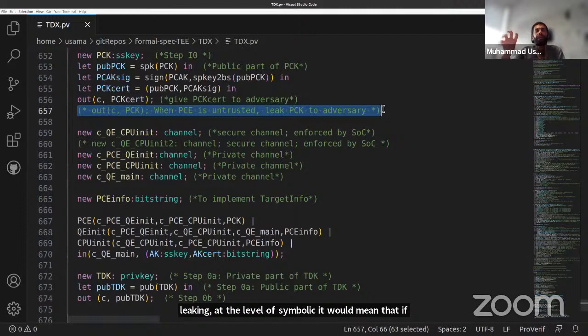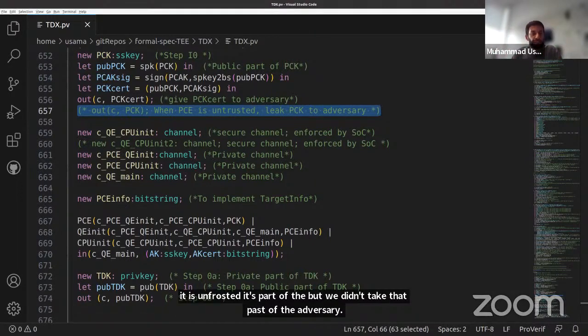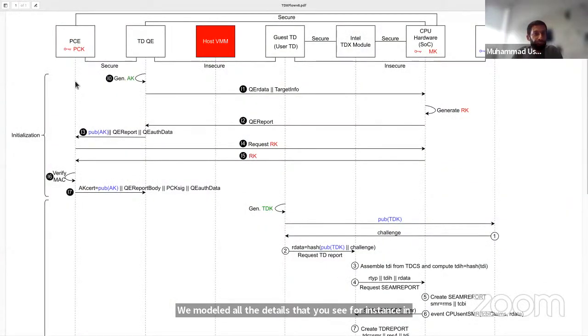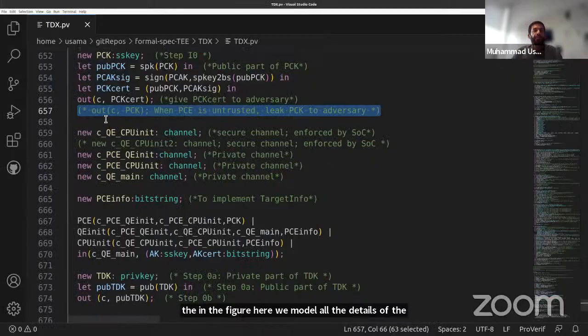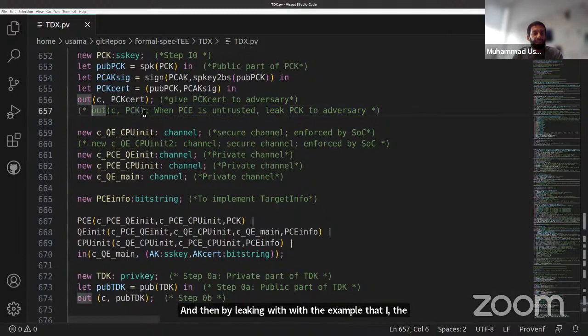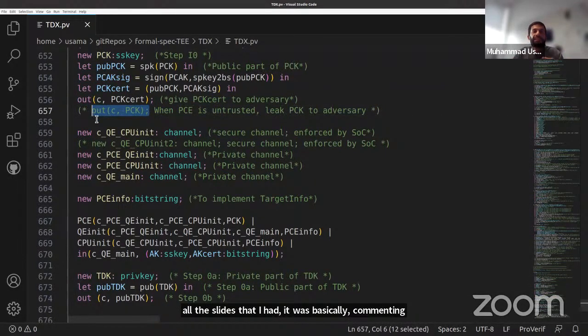But we didn't take it as part of the adversary. We modeled all the details that you see, for instance, in the figure here. We modeled all the details of the PCE. But what we did is we just took this step out to see that our formalization actually preserves all the properties. And then by leaking, with the example on the slides that I had, it was basically uncommenting this and leaking the key of the PCE out to the adversary, and showing that it doesn't work.